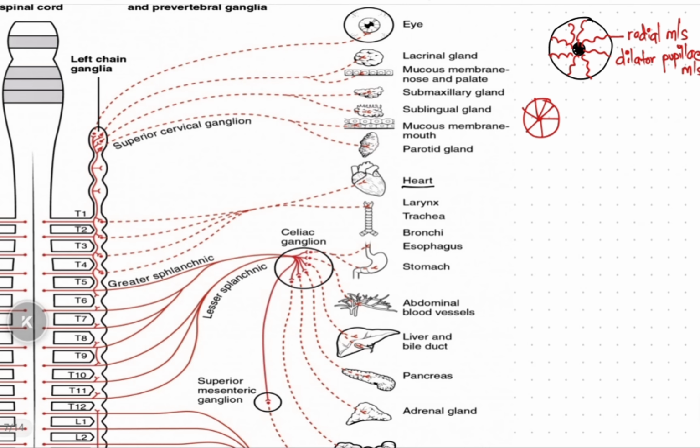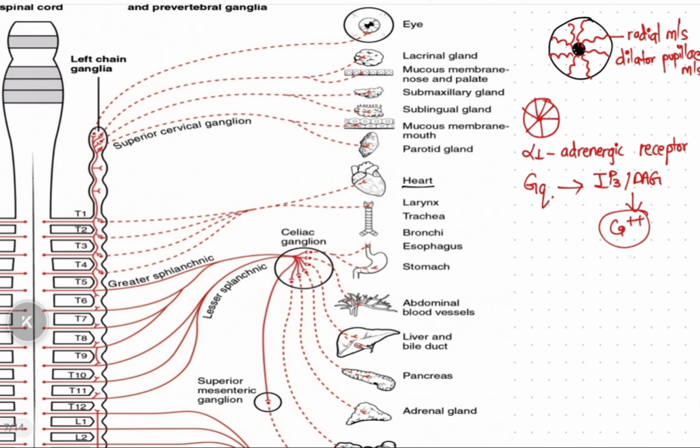Dilator pupillae muscle. If we look at the innervation of the radial muscle, it is innervated by the alpha 1 adrenergic receptor. We will be covering this receptor in a separate video of the adrenergic playlist. Right now, just understand that the radial muscle is supplied with this receptor, and this receptor works through the Gq pathway. The secondary messengers involved in the Gq pathway are IP3 and DAG, and this eventually increases the concentration of calcium.